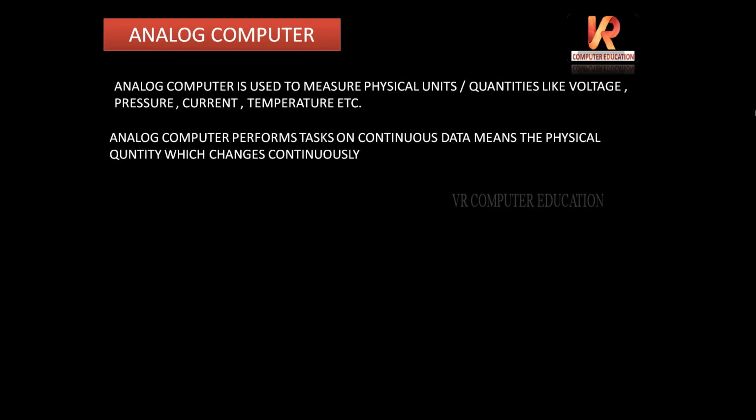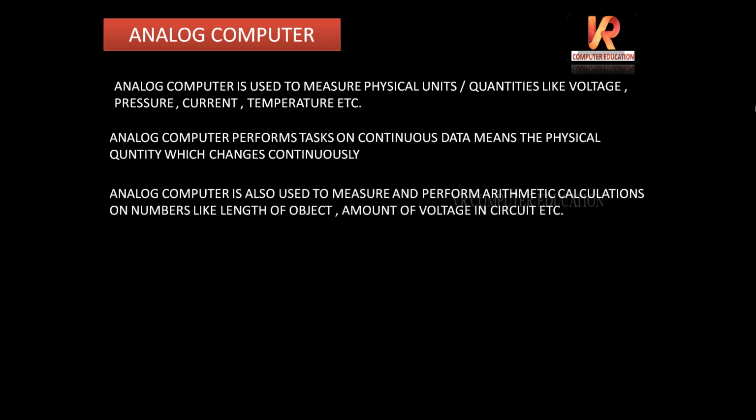Next, an analog computer is also used to measure and perform arithmetic calculations like addition, subtraction, multiplication, division on numbers, like finding the length of an object and the amount of voltage in a circuit, meaning how much voltage is passing in the stabilizer, or in circuits or different electrical devices.